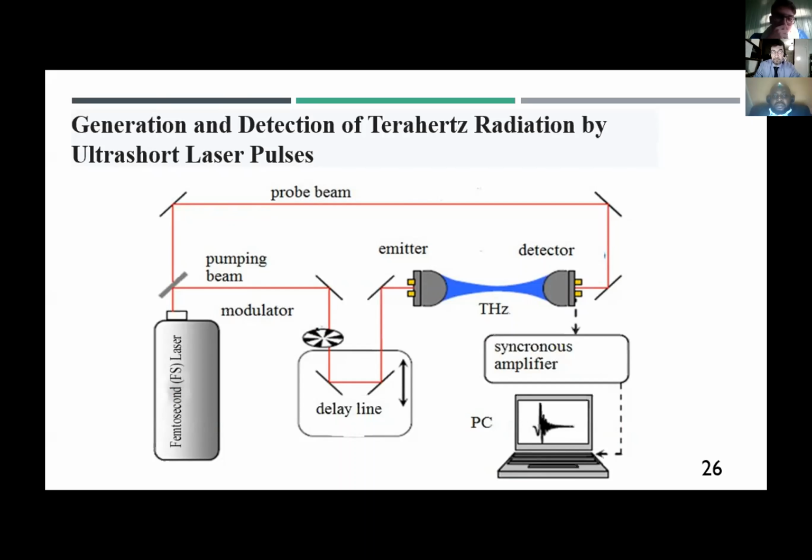Generation occurs, as a rule, as the effect of the laser pump pulse on some crystal or special structure. The probe beam is used to detect the terahertz pulse. For detection, a crystal or structure similar to that used in generation can be used. Detection is due to changes in some characteristic of the probe pulse in the presence of the terahertz pulse.